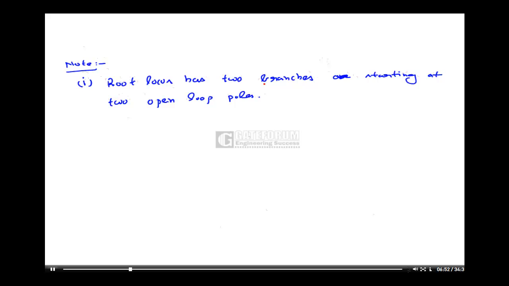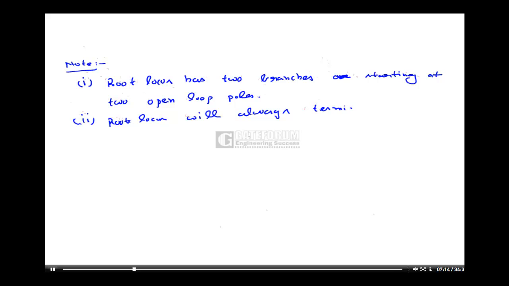That means root locus will always start from poles, and root locus will always terminate at zeros. In case zeros are not there, then root locus will terminate at infinity.